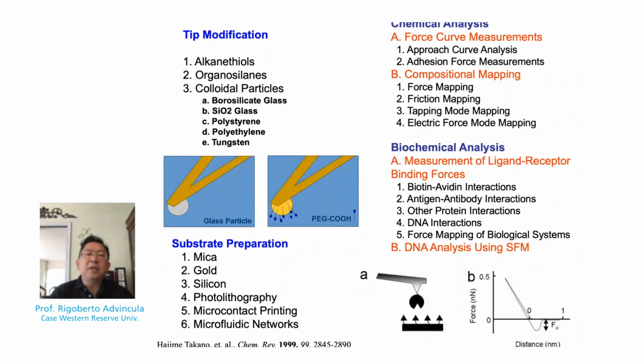One can improve that sensitivity on the cantilever tip side. On the other hand, the substrate can be very flat like mica or gold 111 or silicon, doped and undoped silicon. One can create various surfaces or substrates that again have sensitivity that can be coupled with the cantilever tip.